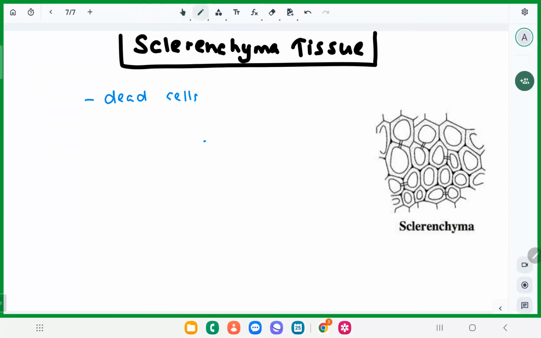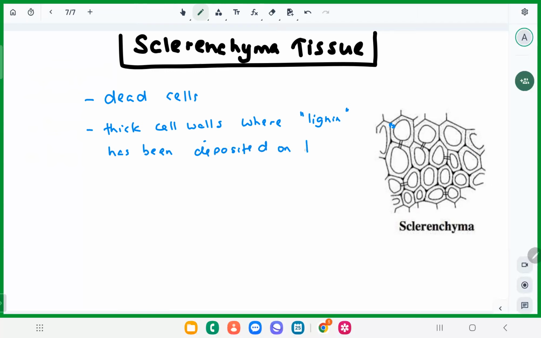And the next unique feature of this sclerenchyma tissue is the thickness of the cell walls. The cell walls are thick. They have thick cell walls where lignin has been deposited on the cellulose cell wall.